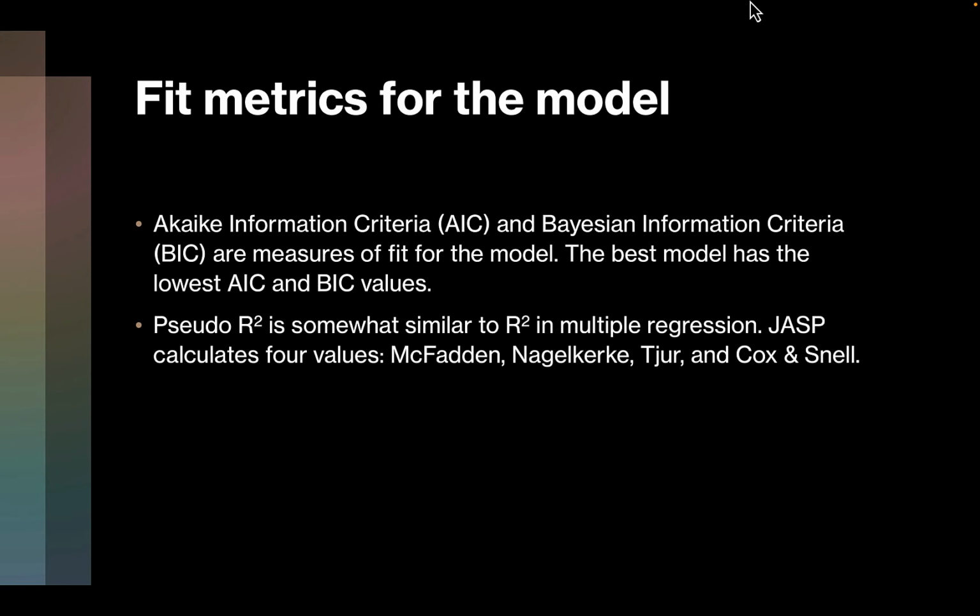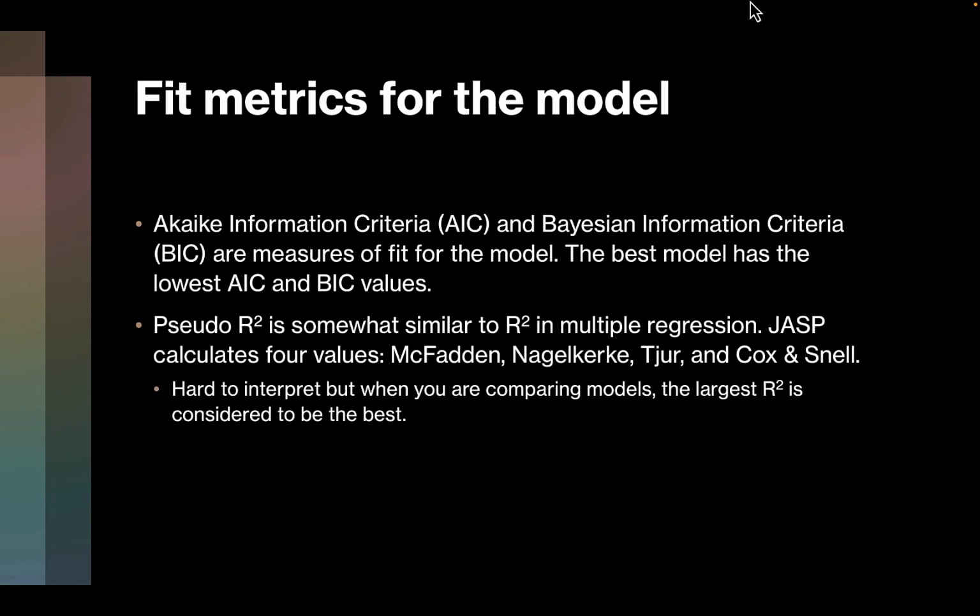All right, we get a pseudo R squared, and this is somewhat similar to the coefficient of determination in multiple regression. JASP calculates 4 values: the McFadden, the Nagelkerke, the Tjur, and the Cox and Snell. This pseudo R squared is pretty hard to interpret, but when you are comparing models, the largest R squared is considered to be the best.